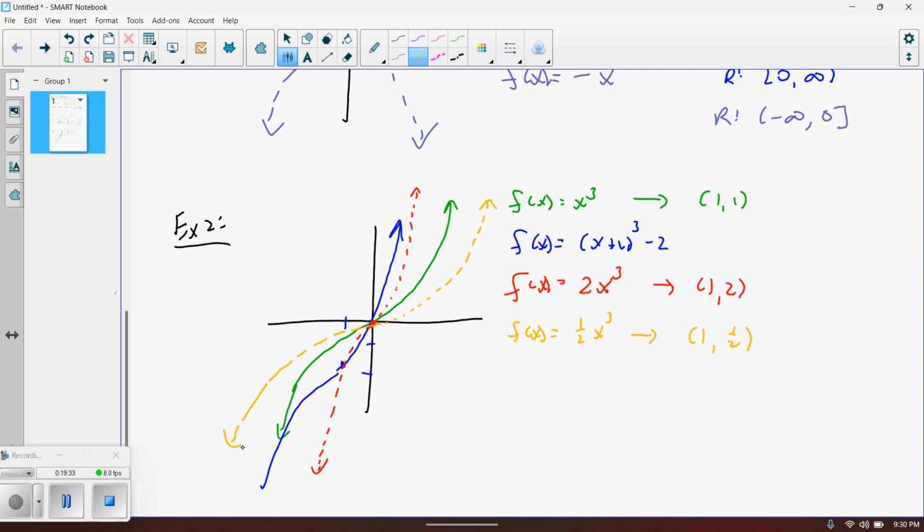Kind of makes it a little bit flatter. And again, it compresses it, pushes it more towards the x-axis, whereas the red one kind of pulls it away from the x-axis faster. So this one, I'm sorry, I should have written this, would be a vertical compression. The one in red would be a vertical stretch.